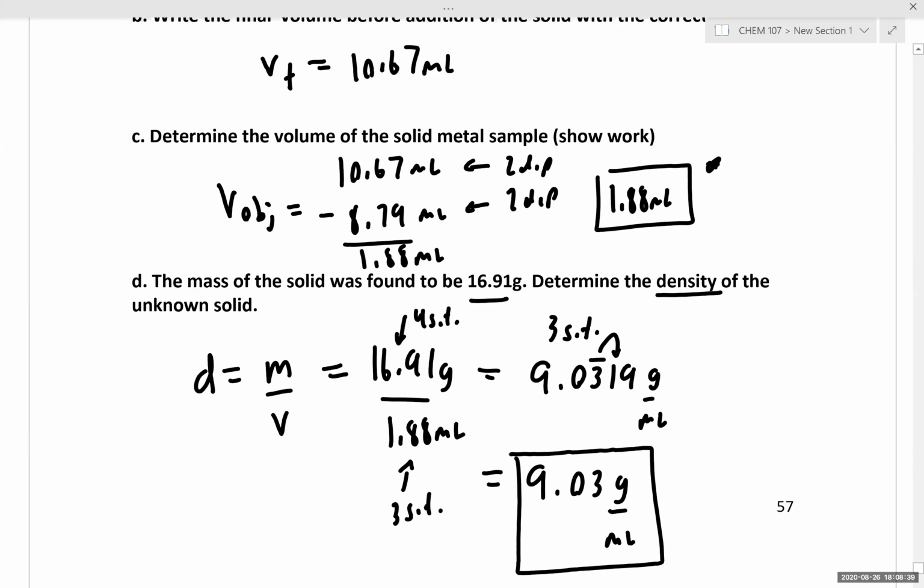Professor, is that 16.91? Yes. Okay. Divided by 1.88? Yes, exactly. How did you get 9.03? So punching in 16.91 divided by 1.88, I'm getting 8.99.